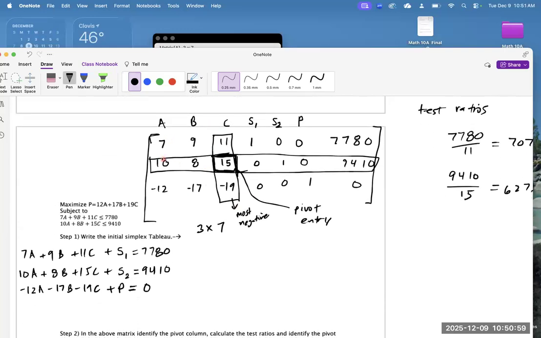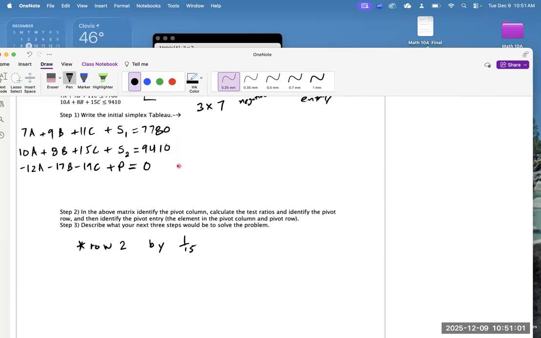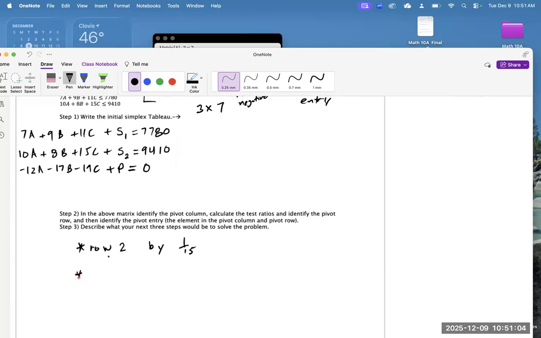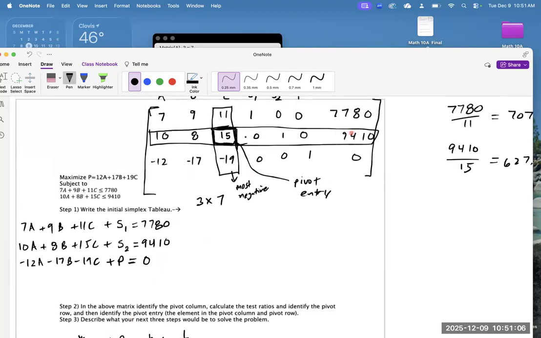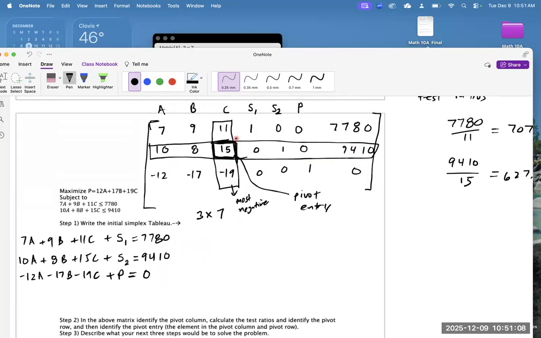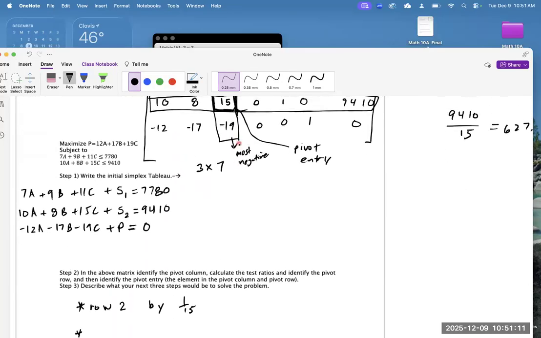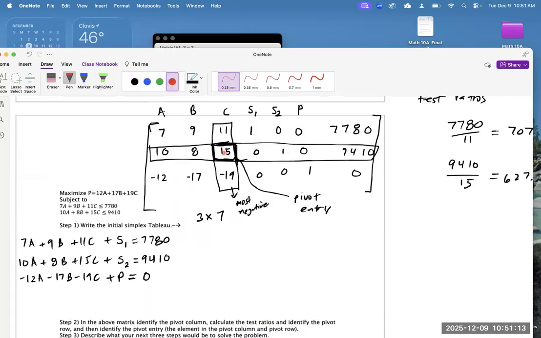Then, see how it's the second row here. The next thing I would do is multiply row 2, because now you have to think about this being a 1 here. If I multiplied everything by 1 over 15, that would then be a 1. So then I would multiply this 1 by negative 11, and then when I added it to positive 11, it would make this one 0.